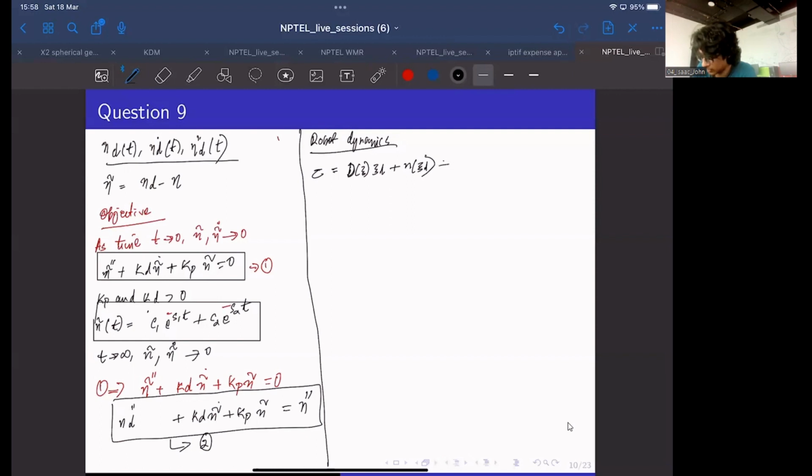I'll label this as equation number 3. And from robot kinematics, eta desired dot would be J of psi times zeta desired.